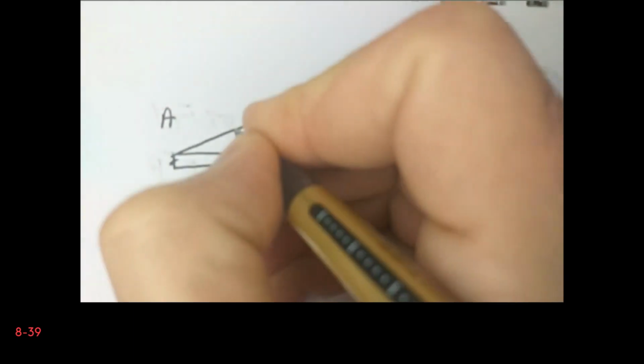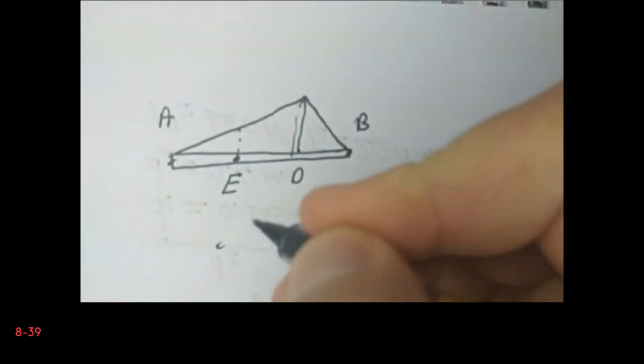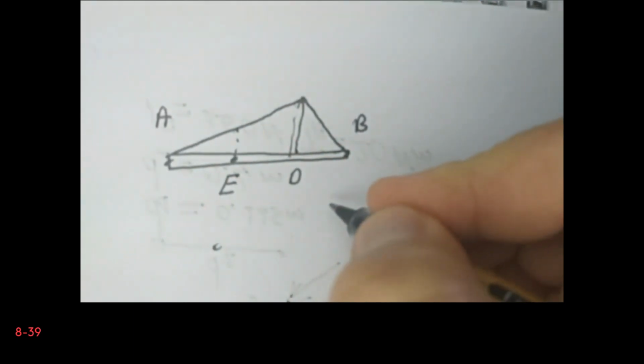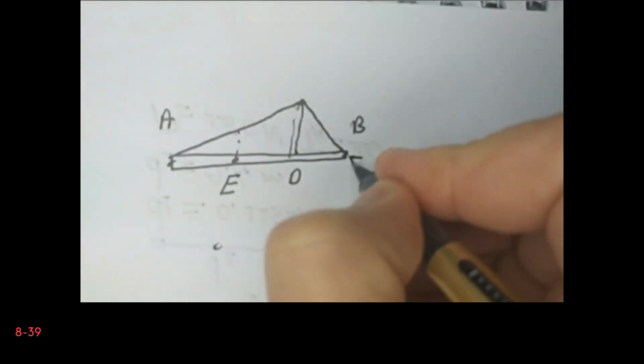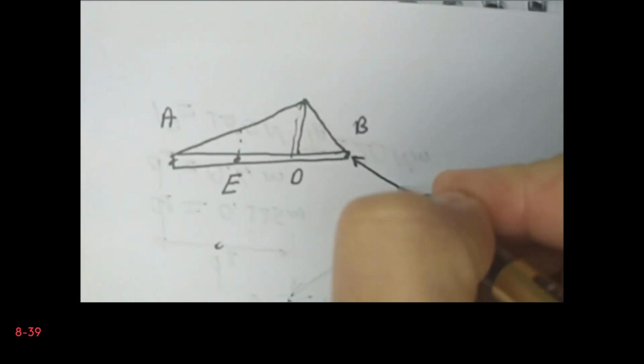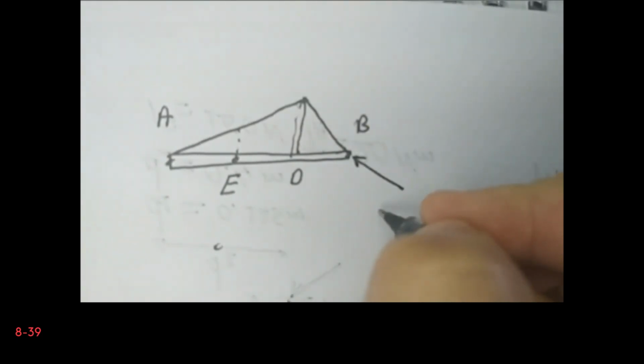So I will just choose a direction for it. We don't know whether it's positive or negative, but certainly I assume that the member BC applies a force in this direction to member AB, and then of course at A we have two forces.